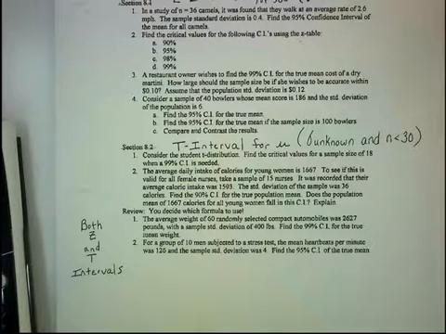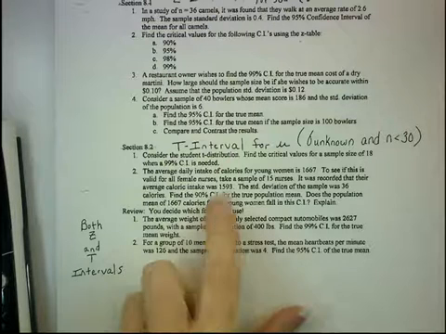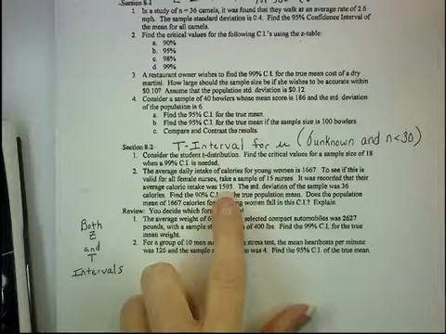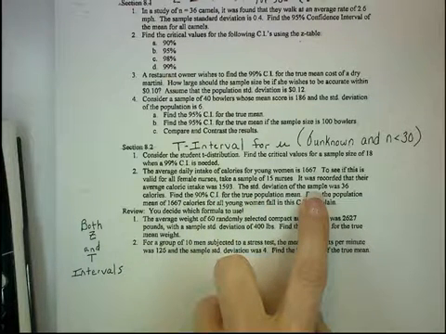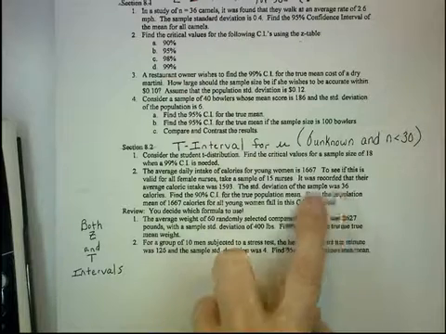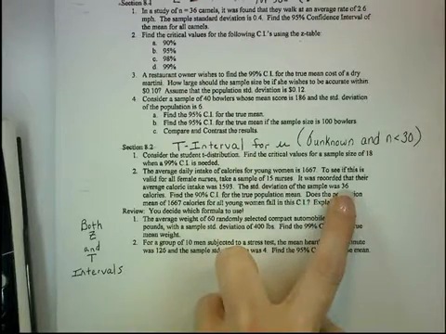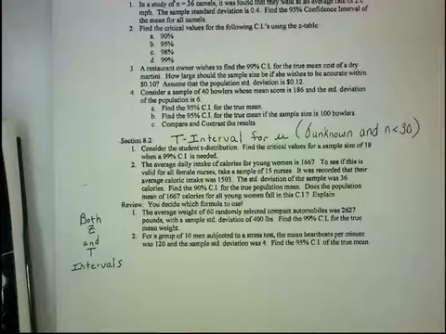It was recorded that the sample of 15, X bar, had an average caloric intake of 1,593. That's X bar. The standard deviation of the sample, S, was 36. So this is S, not sigma. Find the 90% confidence interval for the true population mean.